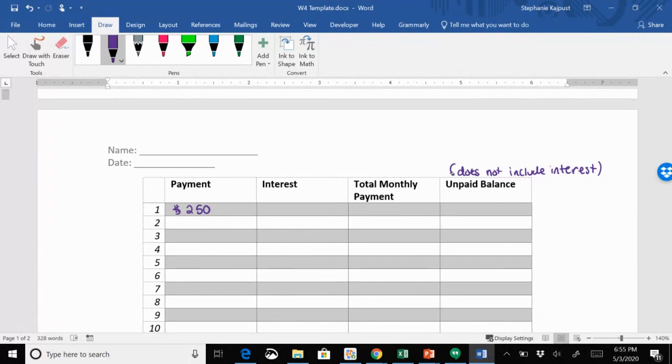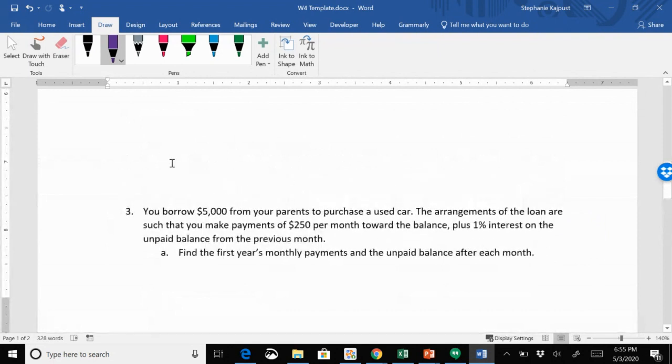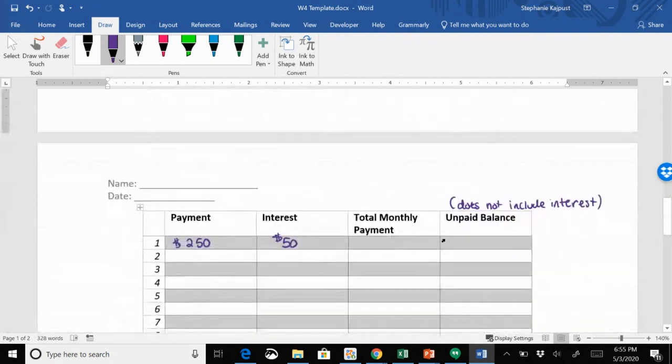So our first interest is going to be whatever the percent was off of the 5,000, 1%. So that's going to be 50. So your monthly payment is going to be 300, and then you've only paid down 250 out of that 5,000, so that is 4,750.